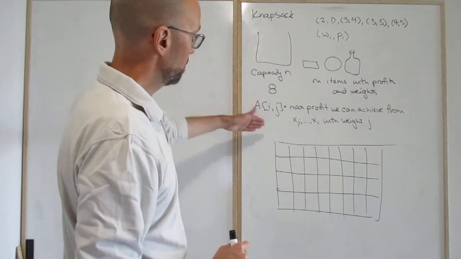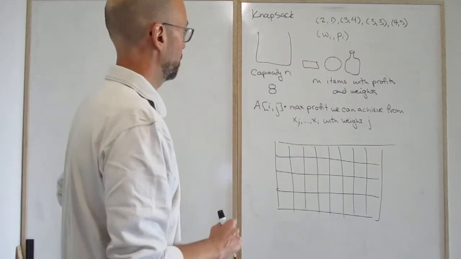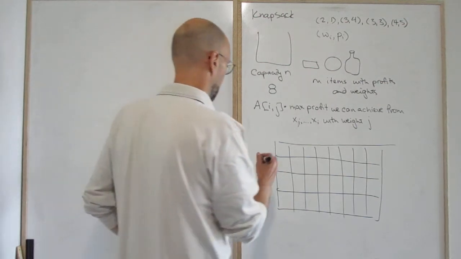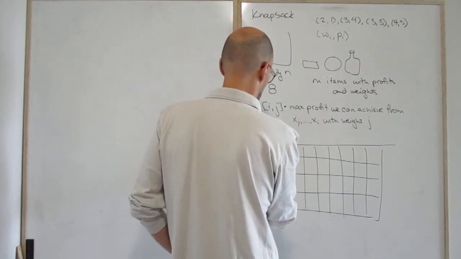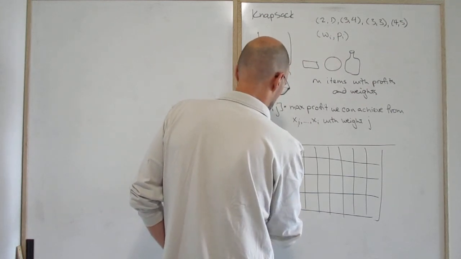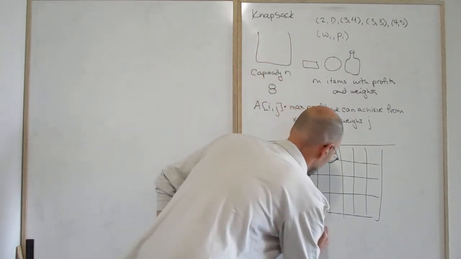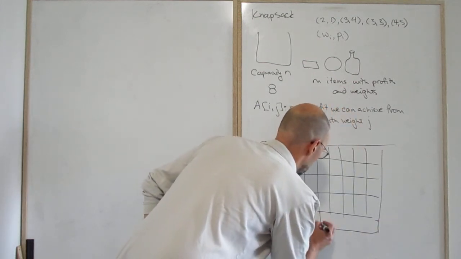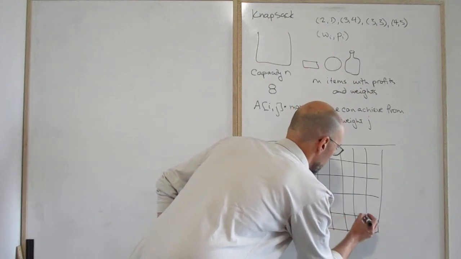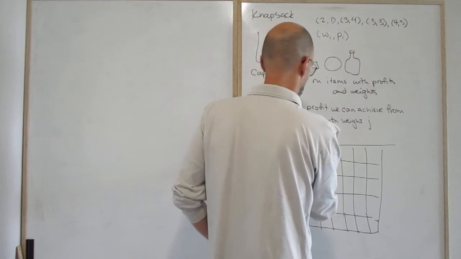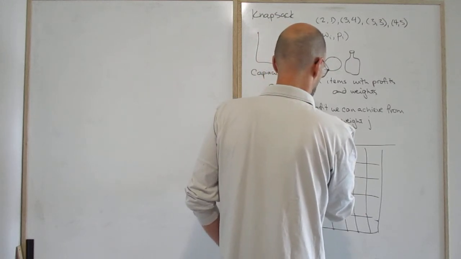And now we remember that actually we want this extra row and column because it makes the base cases easy. So this dimension is profit.